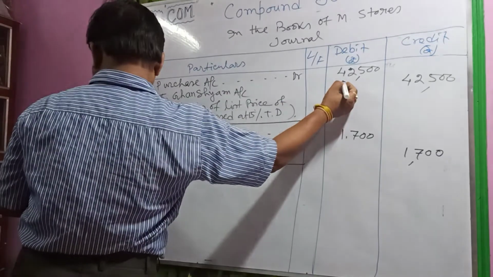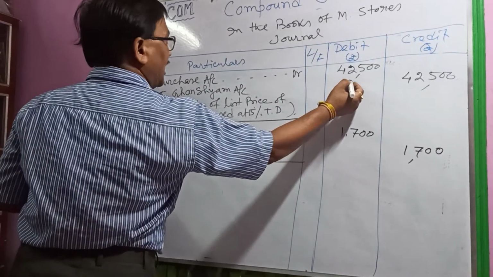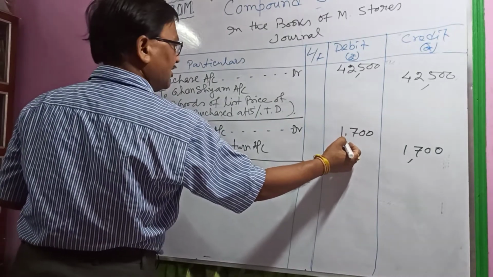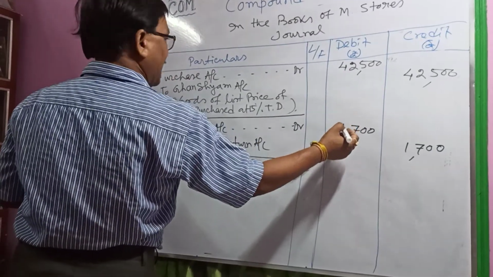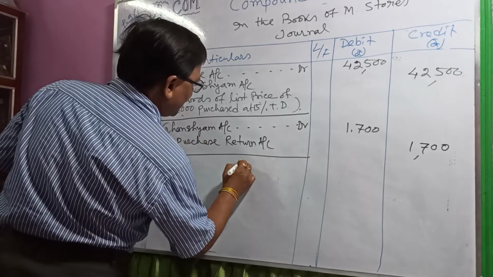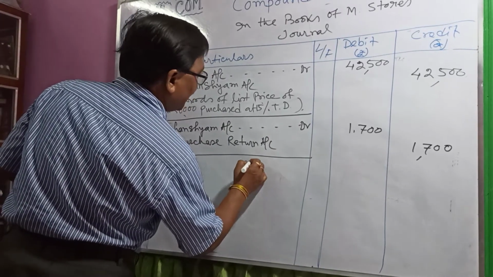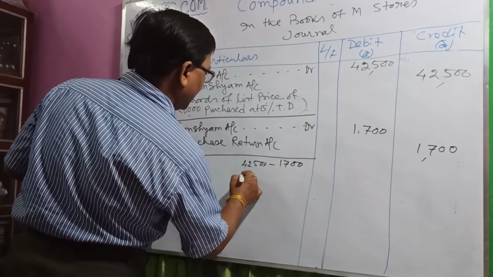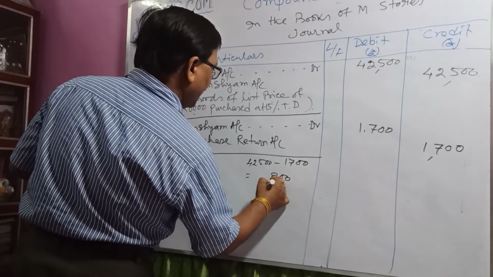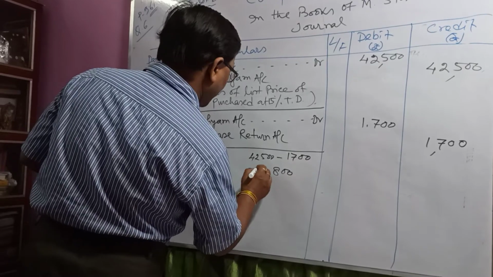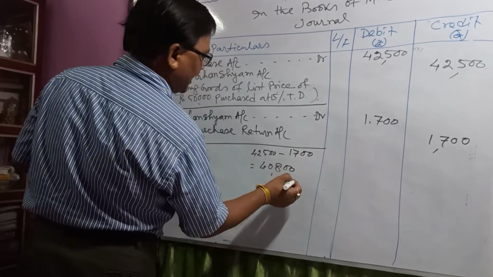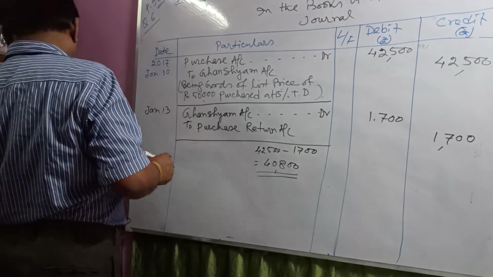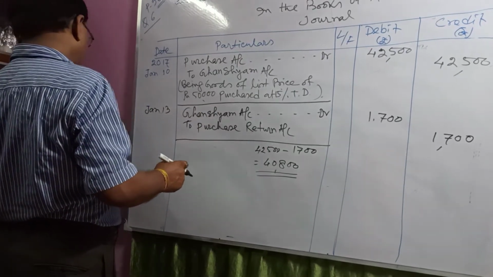Actually the transaction was 42,500, then minus 1,700, that means 42,500 minus 1,700, that is equal to 40,800. Actually this is the transaction with Ghanshyam, but Ghanshyam was paid only rupees 40,000.